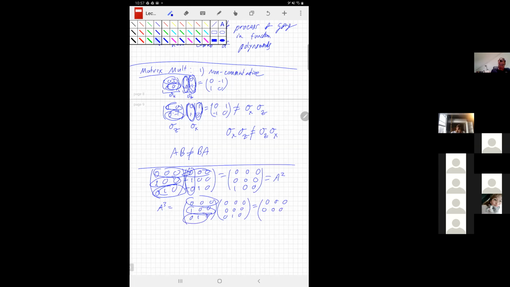And then finally, we take this row, multiply it by a column. And yeah, there's a non-zero element in this row, but that non-zero element always gets multiplied by the middle row. Do you see anything non-zero in the middle row? I don't. So here we've got a case where A is non-zero. A cubed is 0.